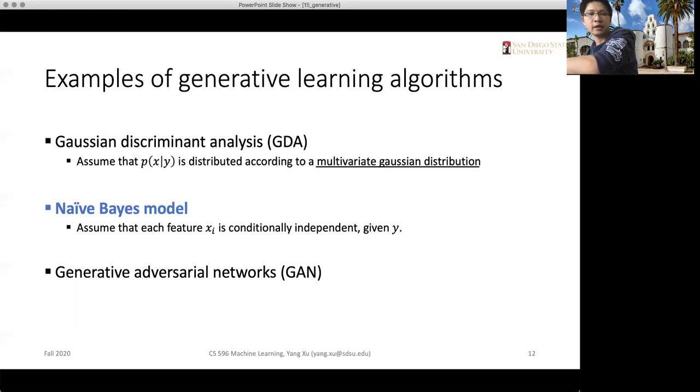It takes a very naive assumption that if a data point has multiple features, then all these features should be conditionally independent, which is a very convenient assumption, for example, for text-based classification, like when we classify an email using all the words, okay?